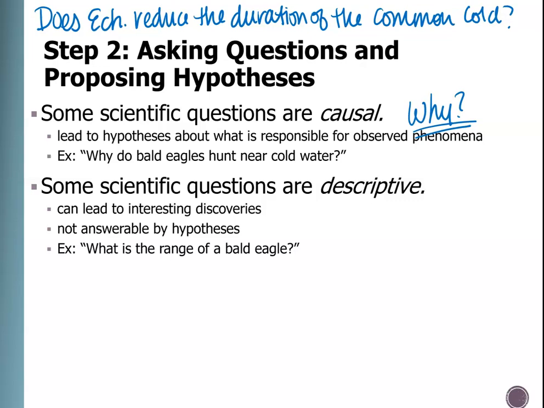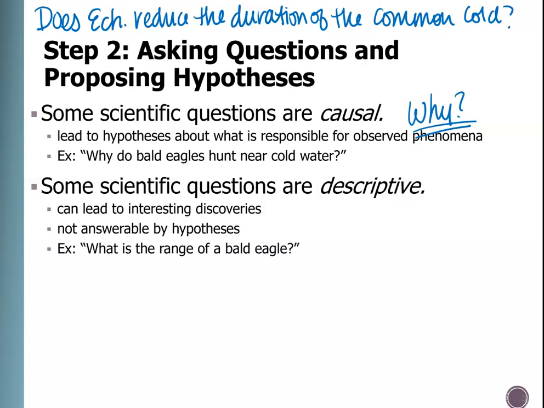Usually hypotheses are not going to answer descriptive questions. We happen to have a question here that is actually descriptive. Does echinacea reduce the duration of a common cold? A causal question for that might be, why does echinacea reduce the duration of a common cold?